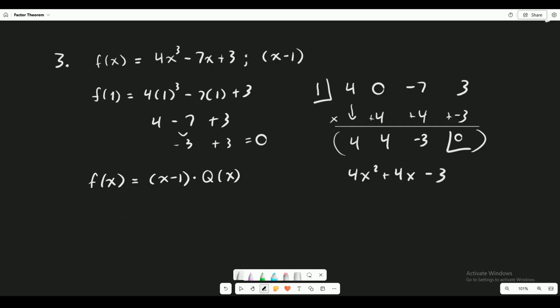Cool. So f of x is equal to x minus 1 times 4x squared plus 4x minus 3. Just like that. Cool. Let me move it down now.